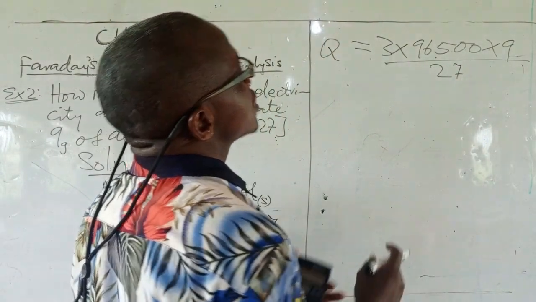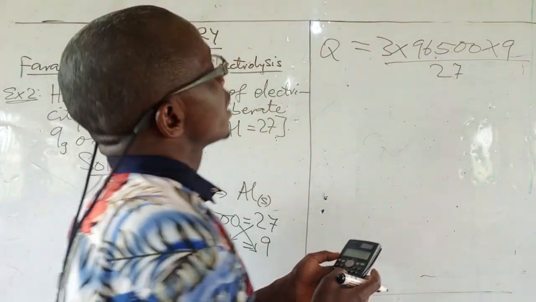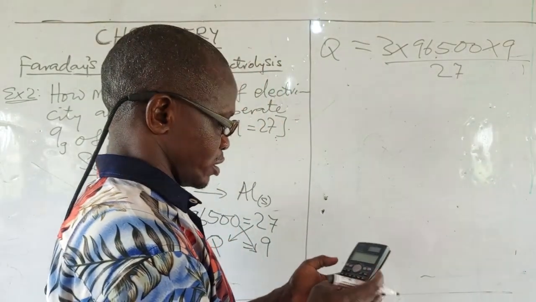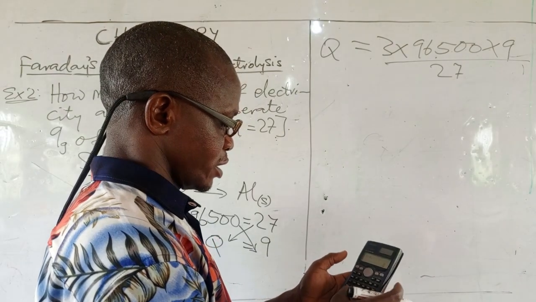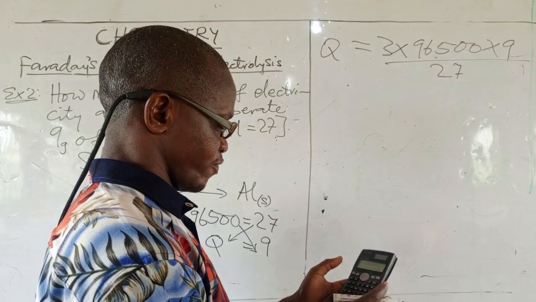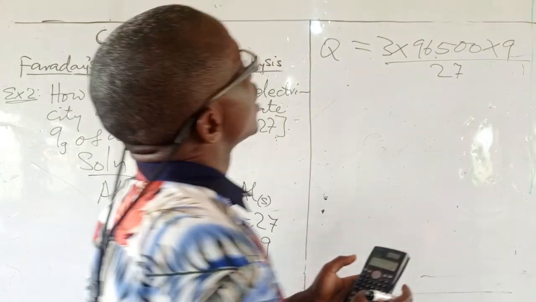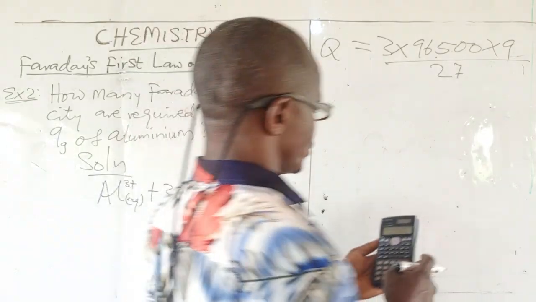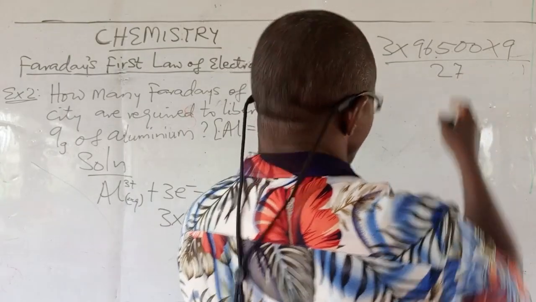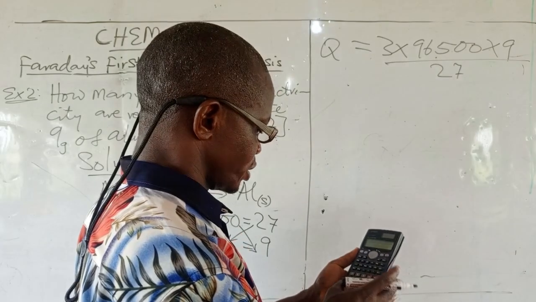So from this I can now use my calculator to say 3 times 96500 times 9 divided by 27.